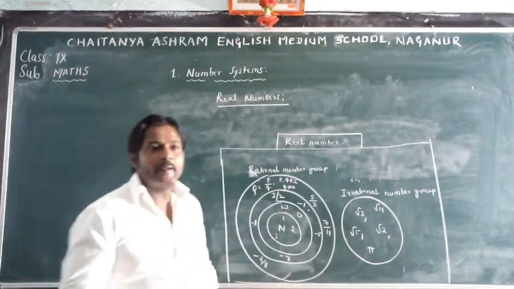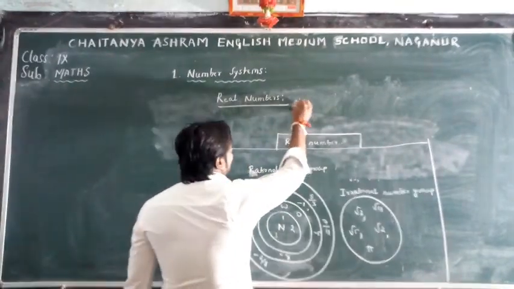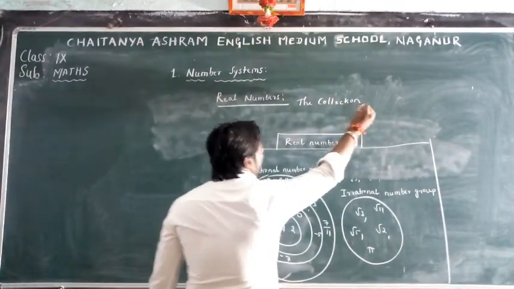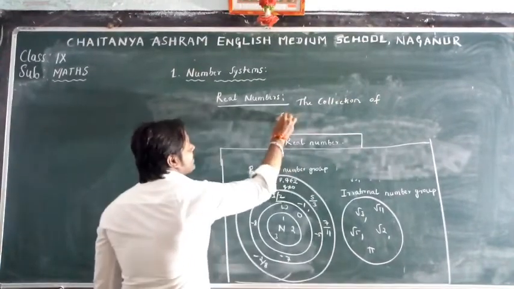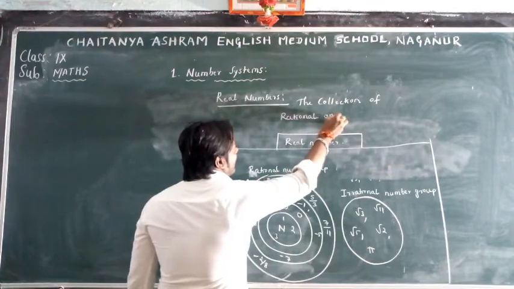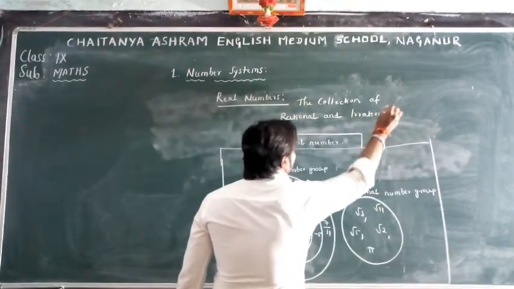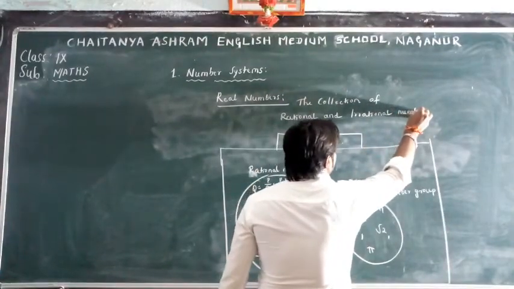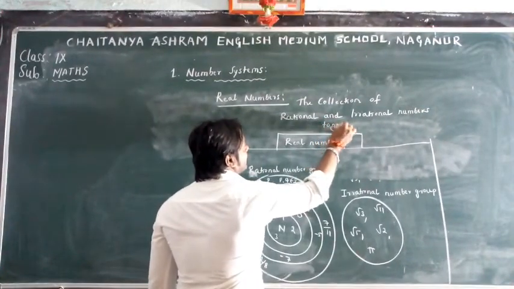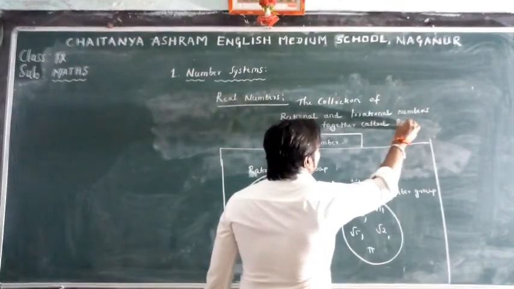So how do we define real numbers? What are real numbers? Observe: the collection of rational and irrational numbers together is called real numbers.